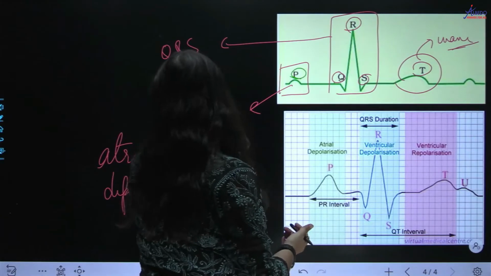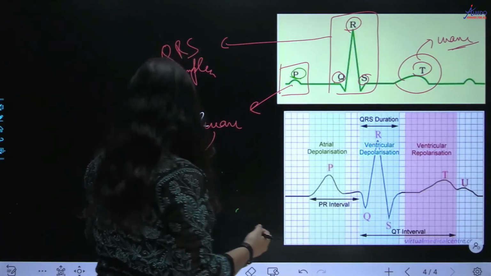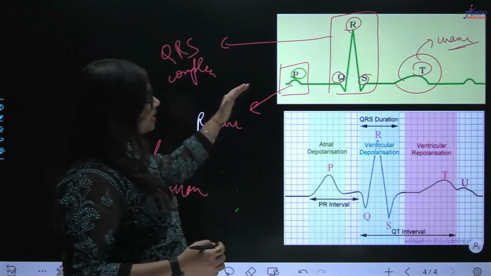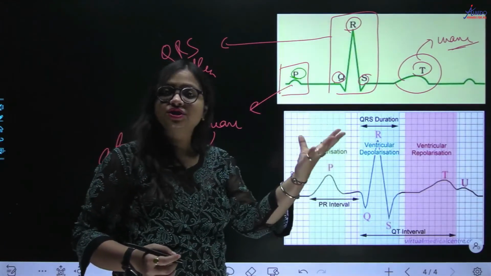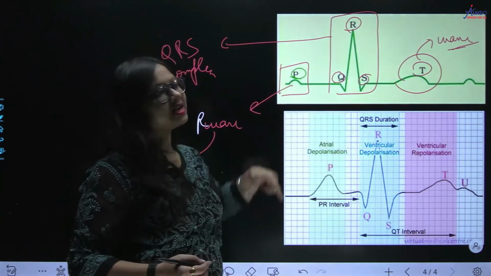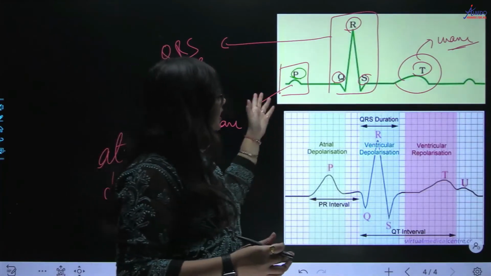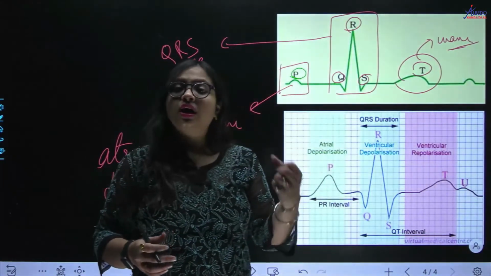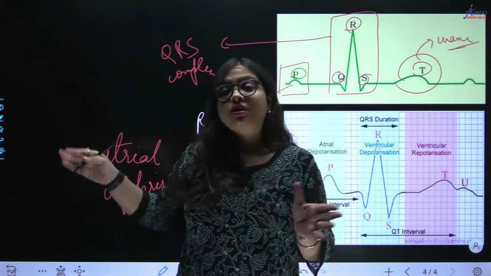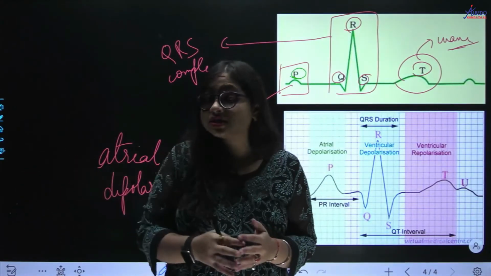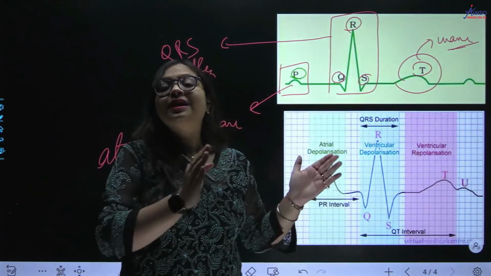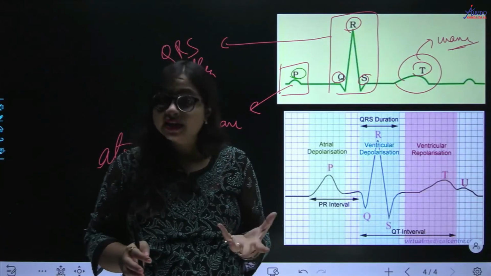So see, okay. First what will happen? First there is atrial depolarization or atrial systole, you know that. So P wave stands for atrial systole. Now next there was ventricular systole. Now at the time when I was making you write the different phases of cardiac cycle, I told you that ventricular systole corresponds with atrial diastole.